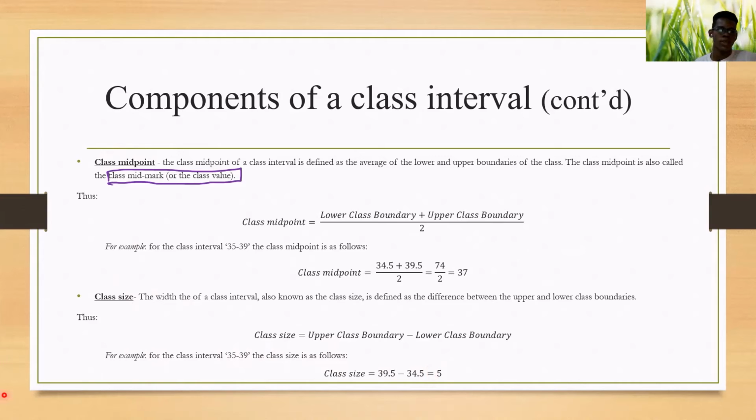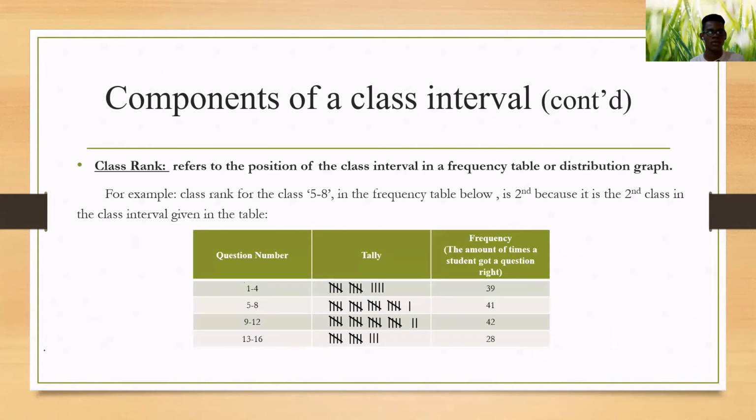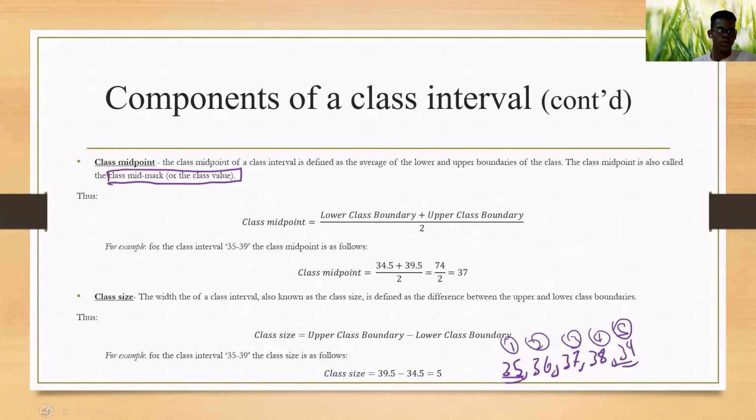Now, conceptually, what that means is that if I wrote 35, 36, 37, 38, 39, again, we're going from 35 to 39, our lower and upper limits, and we count how many natural numbers are here: 1, 2, 3, 4, 5. That's our class size. So that's how you can understand this conceptually.